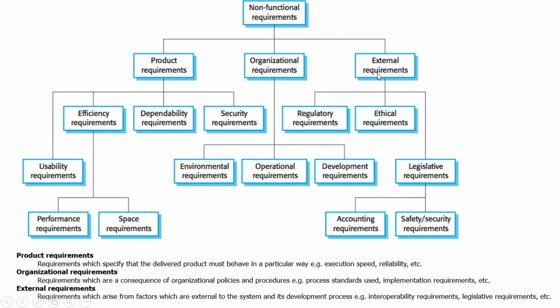These are requirements which arise from factors external to the system and its development process, so they are called your external requirements. Examples of external requirements are interoperability requirement, legislative requirement, safety and security requirement, accounting requirement, and so on.